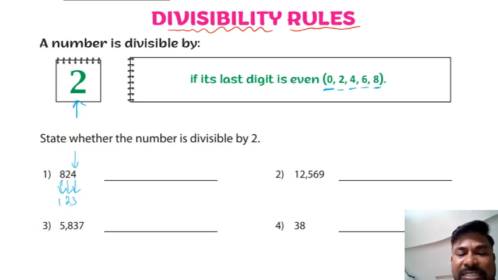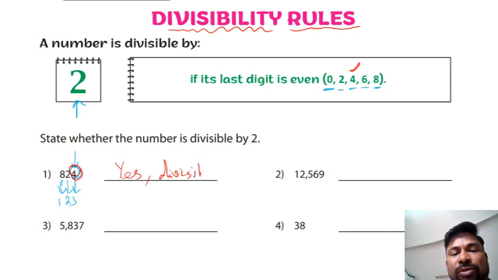This is the last digit. As I said, we can see that 4 there, so straight away we can say yes, it is divisible by 2. That is what we have learned here.